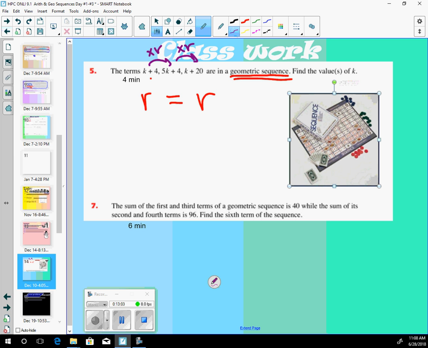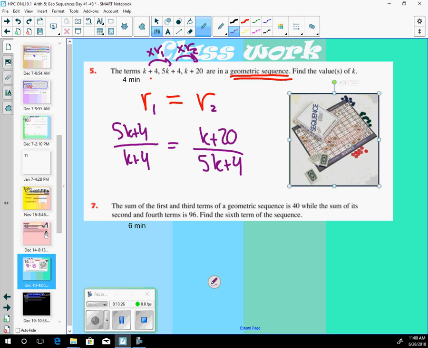So we could figure out r of this first one, maybe call it r1. That's 5k plus 4 over k plus 4. And then for r2, if we want to call it that, k plus 20 over 5k plus 4.